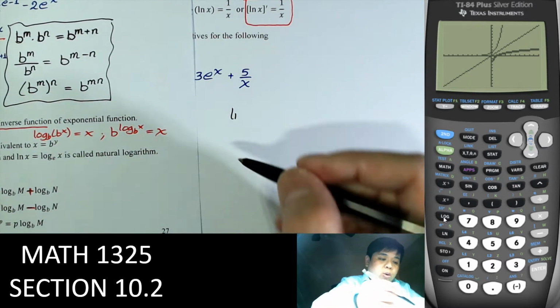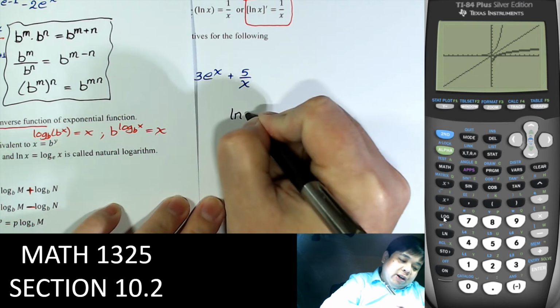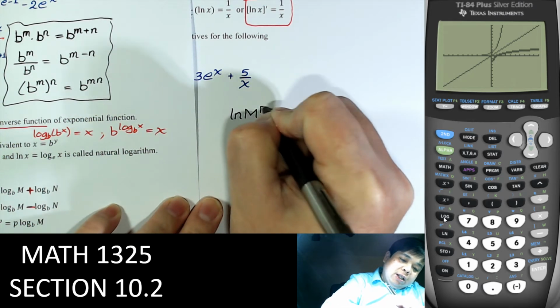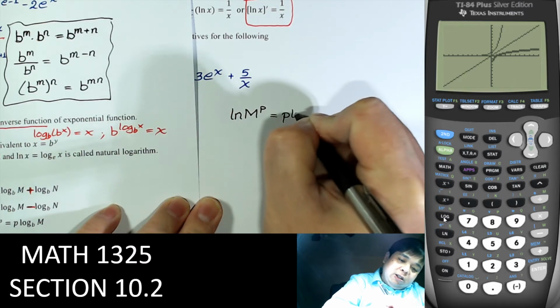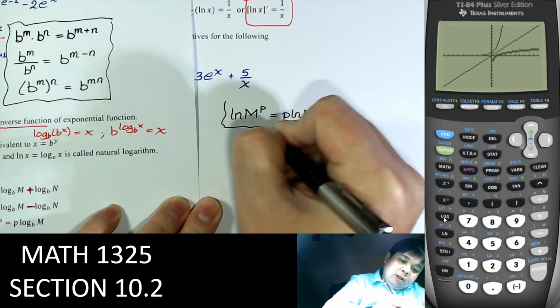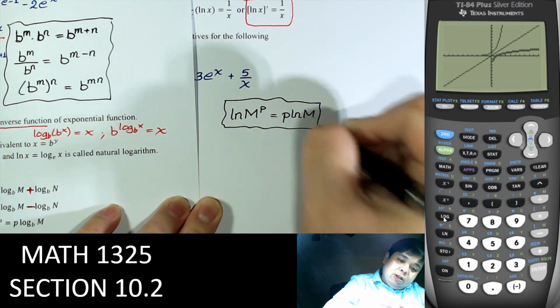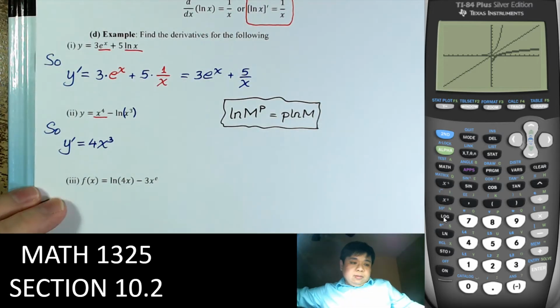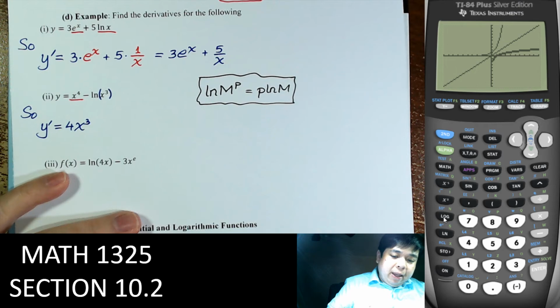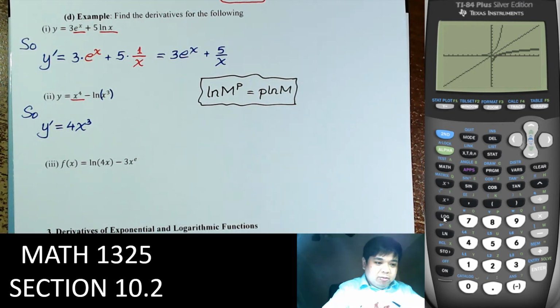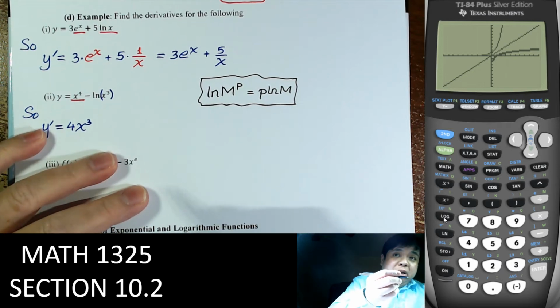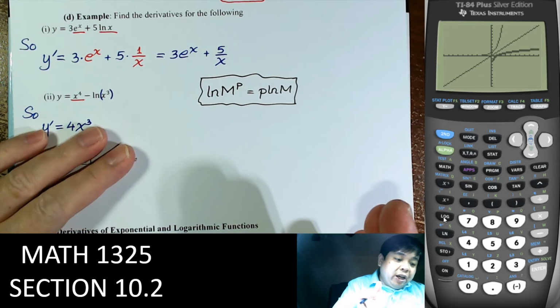Now we write the equivalent formula, ln of that to some power, and we can take the power outside. Remember, that is not the derivative rule. That is the property of the log, meaning I don't apply the derivative rule here yet.